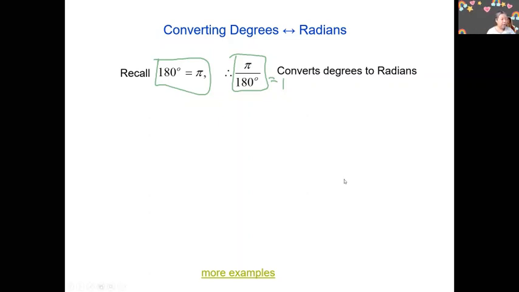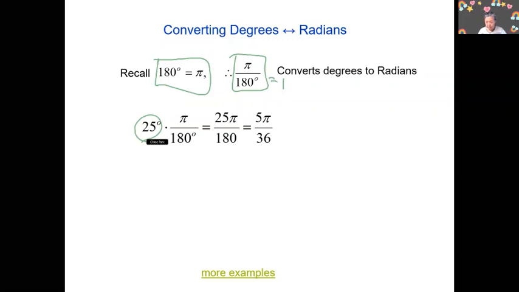If we are supposed to convert any degree measure to radian measure, the example will go like this. If you are given 25 degrees, in order to convert it to radians, the multiplier that we need is pi on top and the degree measure on the bottom. Why is this?